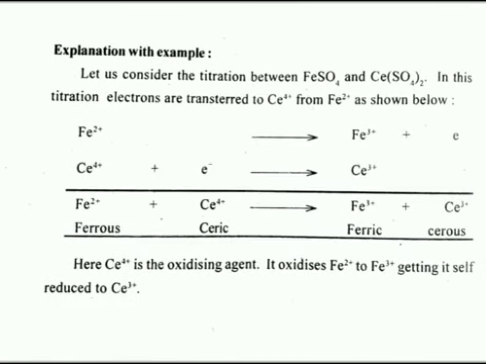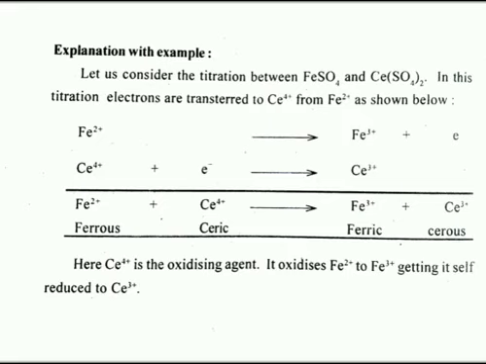Now we'll consider the titration between ferrous sulfate and ceric sulfate. In this titration, electrons are transferred to cerium 4 plus as shown below.